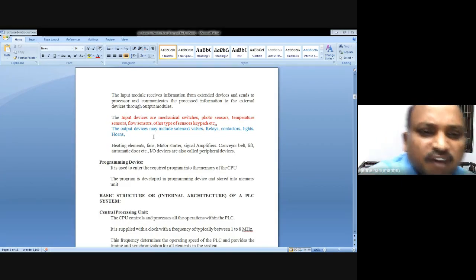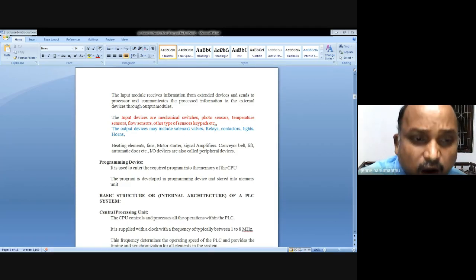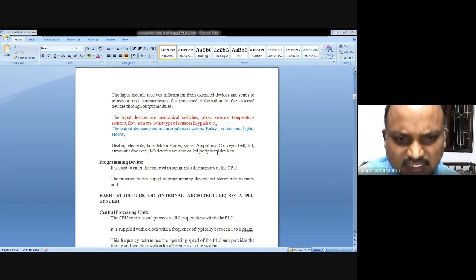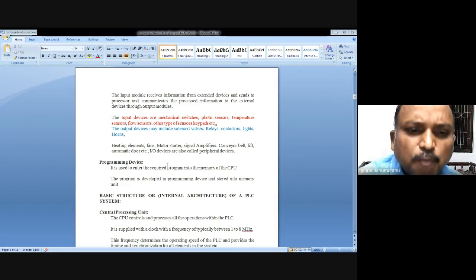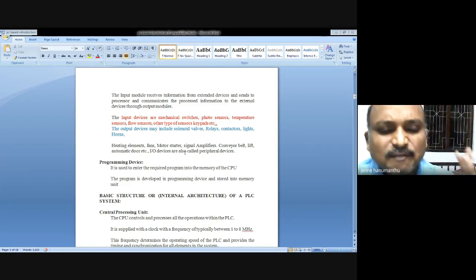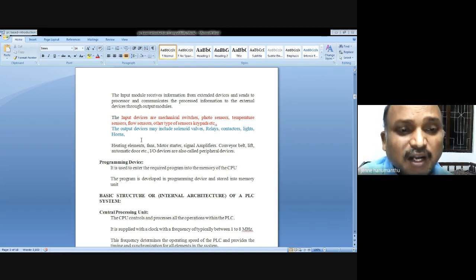And output devices may be solenoid valves, relays, contactors, lights, horns, heating elements, fans, motor starters, amplifiers, conveyor belt, lift, automatic doors. These are all input-output devices, sometimes also called peripherals. We cannot simply categorize this is input and this is output. It may be acting as a peripheral input and output device.